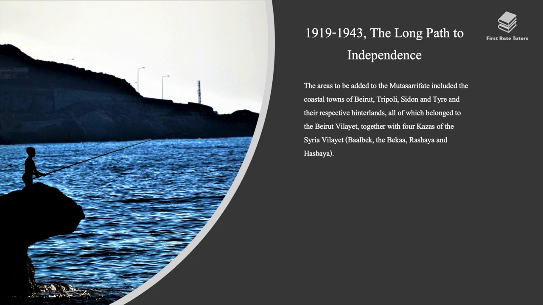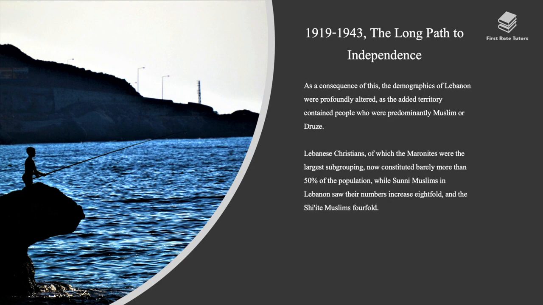The areas to be added to the Mutasarrifate included the coastal towns of Beirut, Tripoli, Sidon, and Tyre, and their respective hinterlands, all of which belonged to the Beirut Vilayet together with 4 casas of the Syria Vilayet.